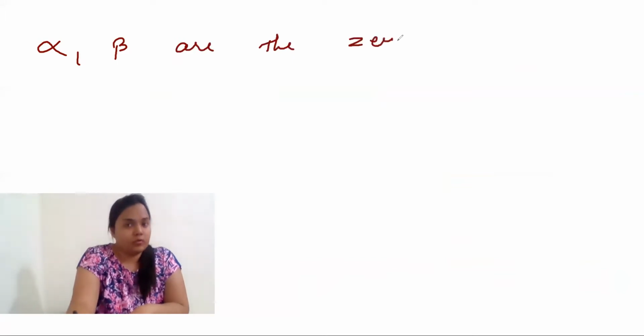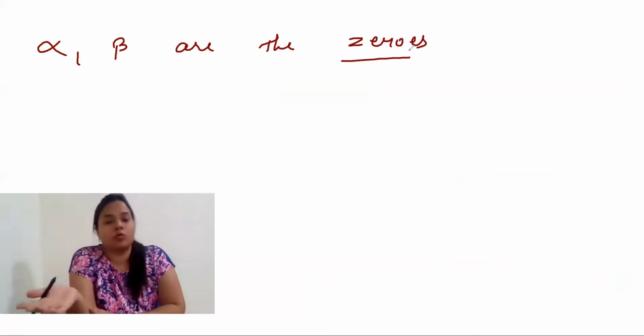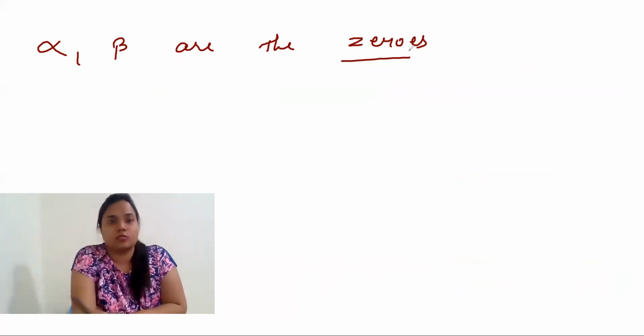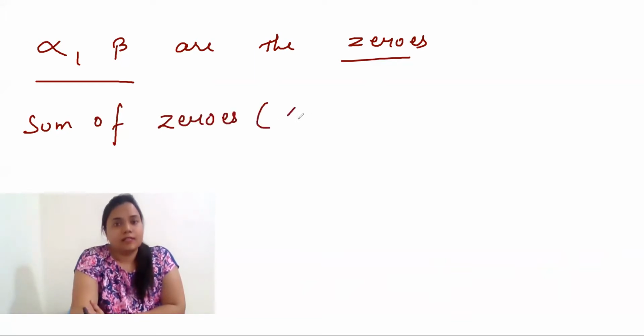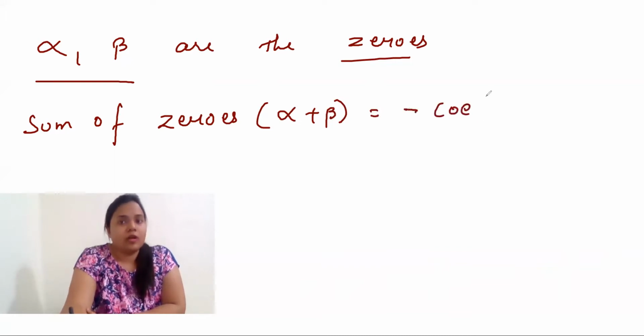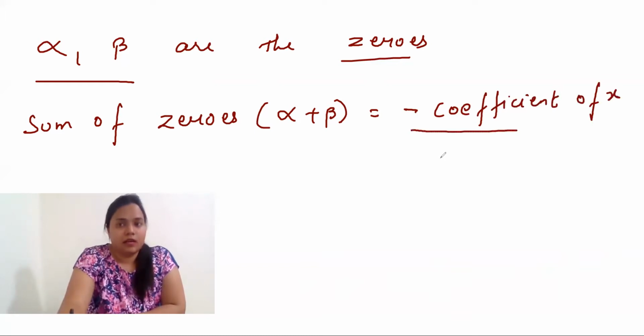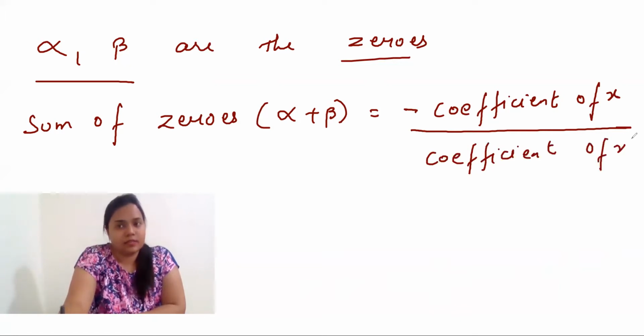And so if there are two zeros, let's say alpha and beta are the zeros. What do we mean by zeros, and how do we find them? I'll come to this point also. So let us say alpha and beta are the two zeros. Then we can write the sum of zeros, that is alpha plus beta, equal to negative coefficient of x upon coefficient of x square.